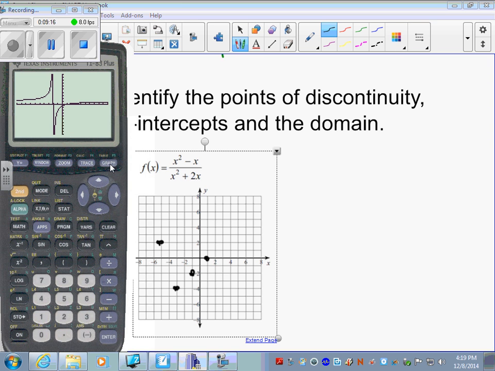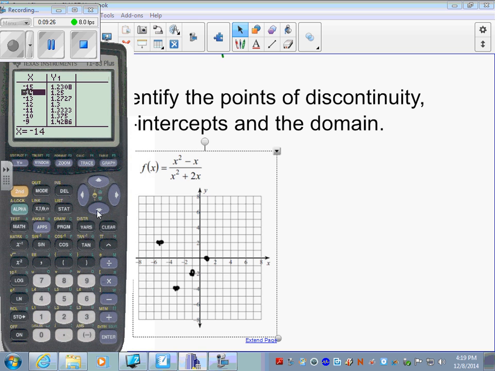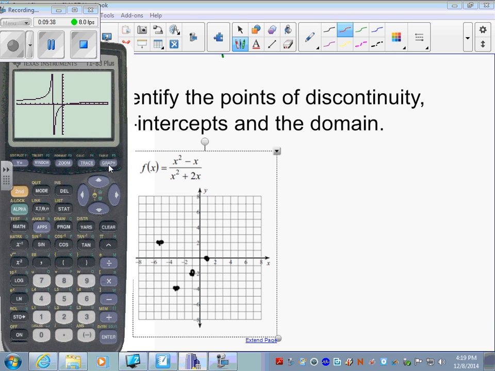I graph this. Looks like there's a vertical asymptote at -2. We can check this. -2 and 0, there's 2 discontinuities. So by looking at the graph, I can see that at -2, there's a vertical asymptote here.